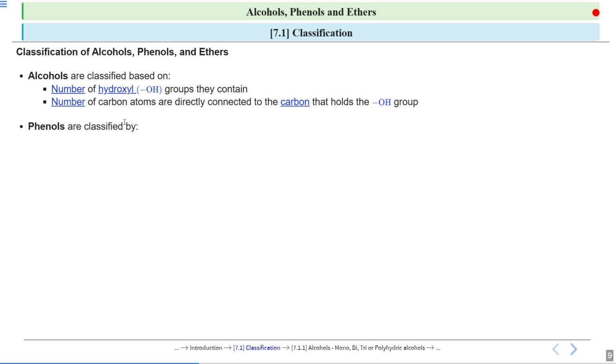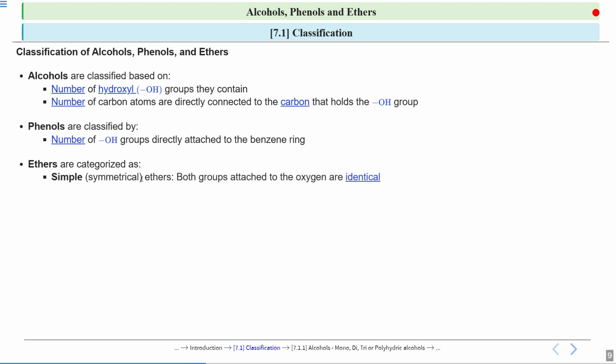If we talk about phenols, phenols are classified first of all by the number of hydroxyl groups directly attached to the benzene ring. On the other hand, ethers are categorized as simple ethers, or you can say symmetrical ethers, where both the alkyl groups attached to the oxygen are identical. So oxygen is in the center, and two alkyl groups are attached to that oxygen.